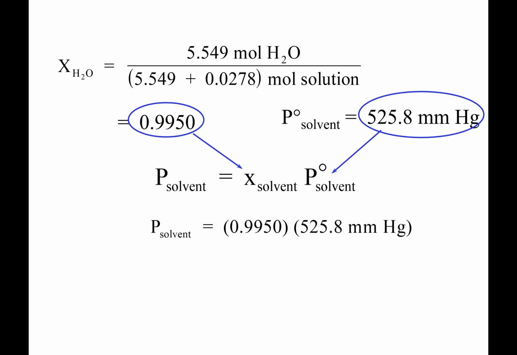One of the things emphasized in this class is all about units, but does this make sense? You can use any units of pressure, and it should come out just fine. So with 4 sig figs, I get a reduced equilibrium vapor pressure of 523.2, and the units would be pressure in millimeters of mercury.